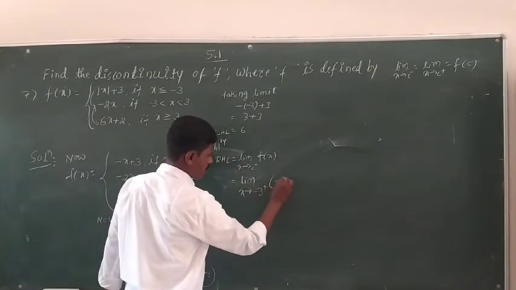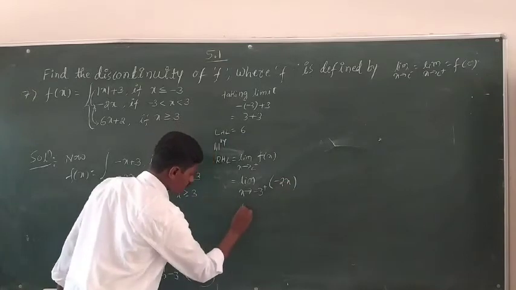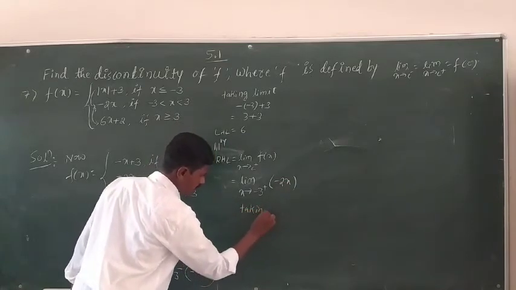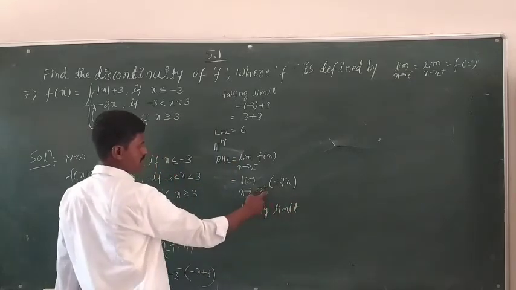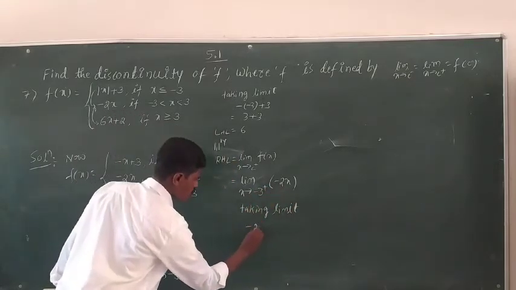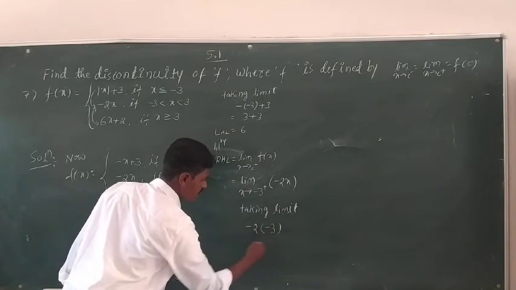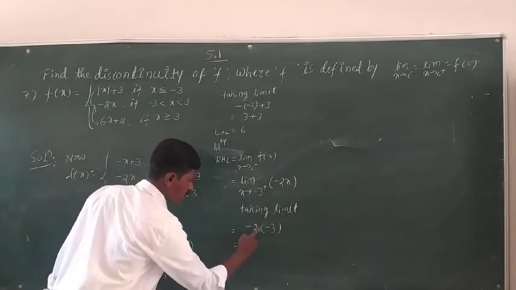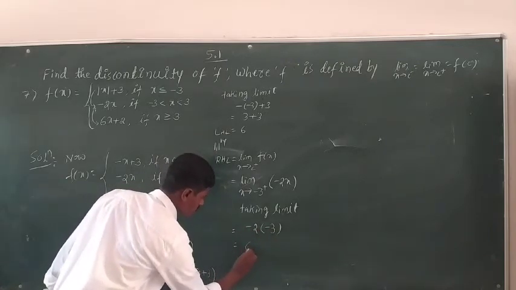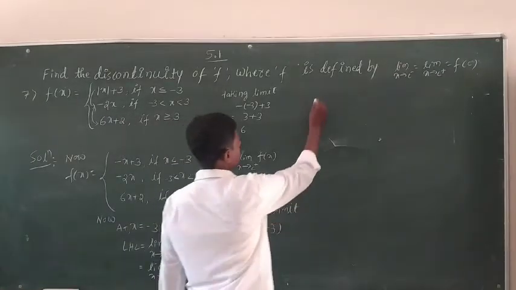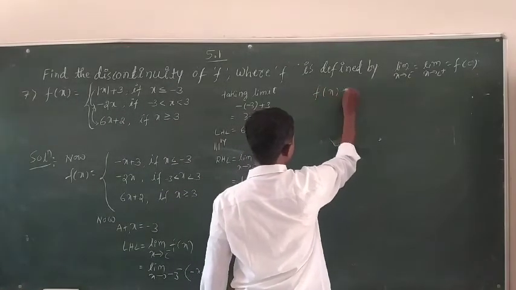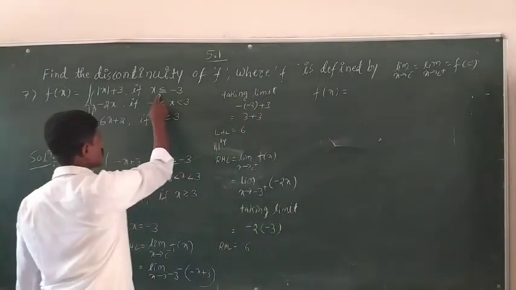Taking the limit, put x equals minus 3: minus 2 into minus 3, that is minus into minus plus, 2 into 3, which is 6. This is the RHL. Now find f of c.